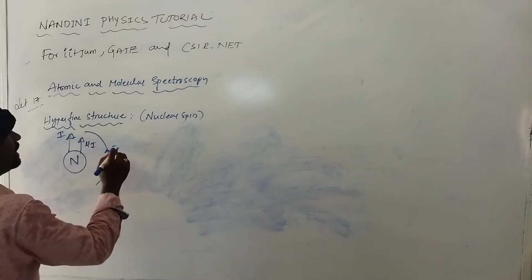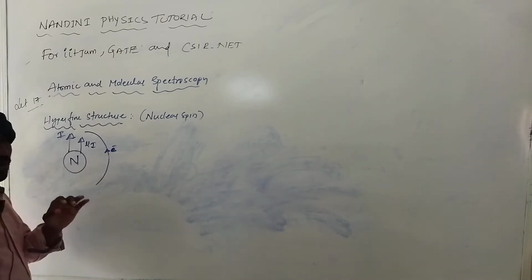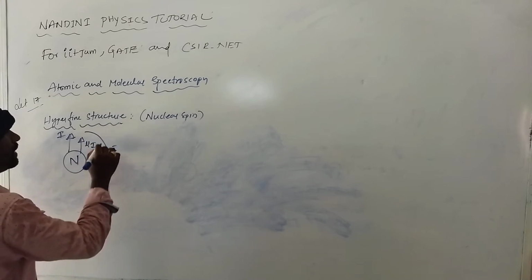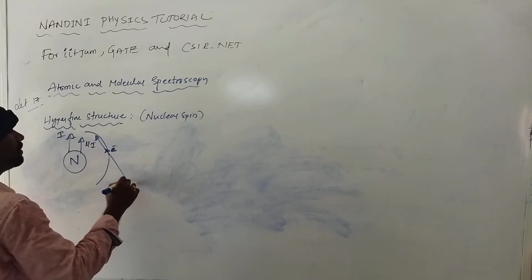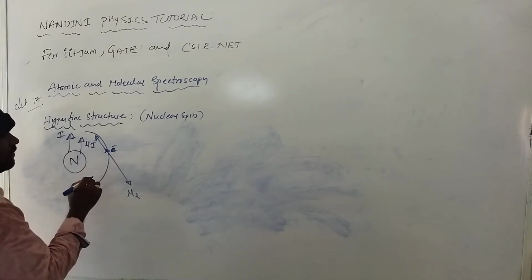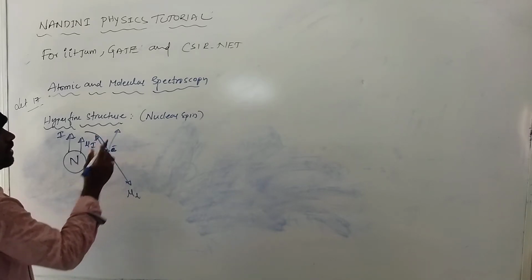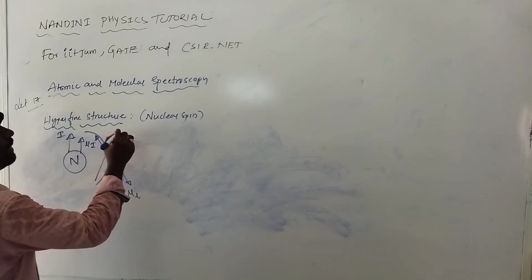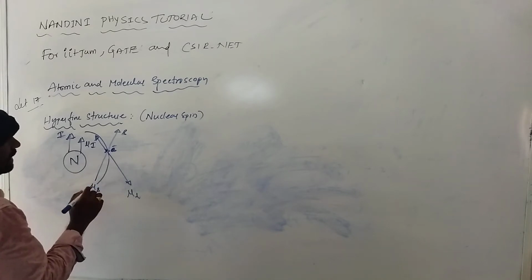This electron is also revolving around the nucleus, so it has both orbital motion and spin motion. Due to orbital motion it creates orbital angular momentum in this direction, and its magnetic moment is opposite to that direction. The self rotation of the electron gives spin angular momentum, capital S, and its magnetic moment mu s acts in this direction.